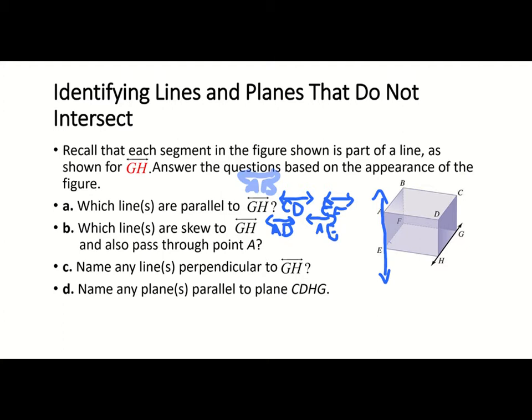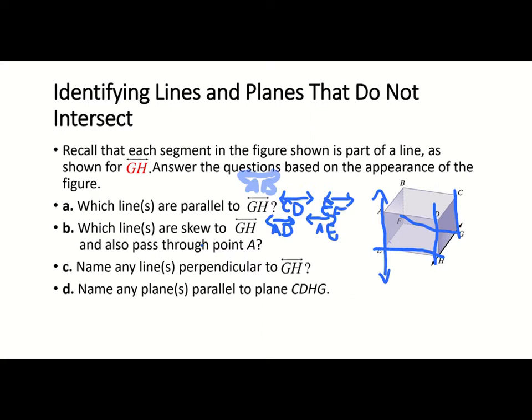I can't seem to get it to work. Okay, but DH is perpendicular to GH. CG would be perpendicular, but then also coming in from the side, EH and FG, all of those lines are perpendicular to GH.